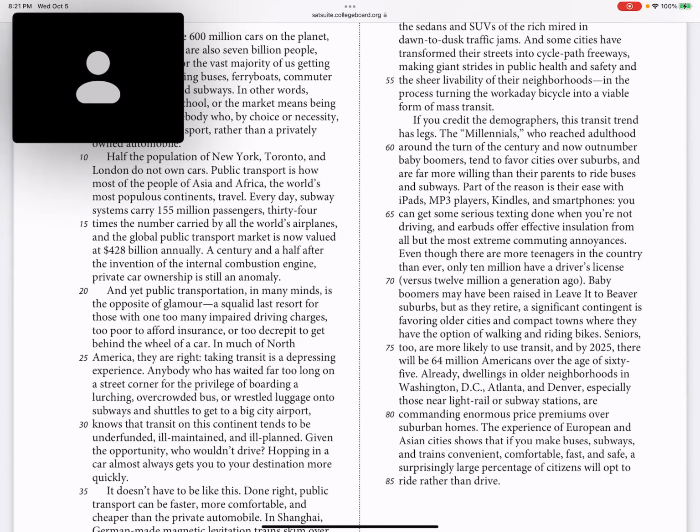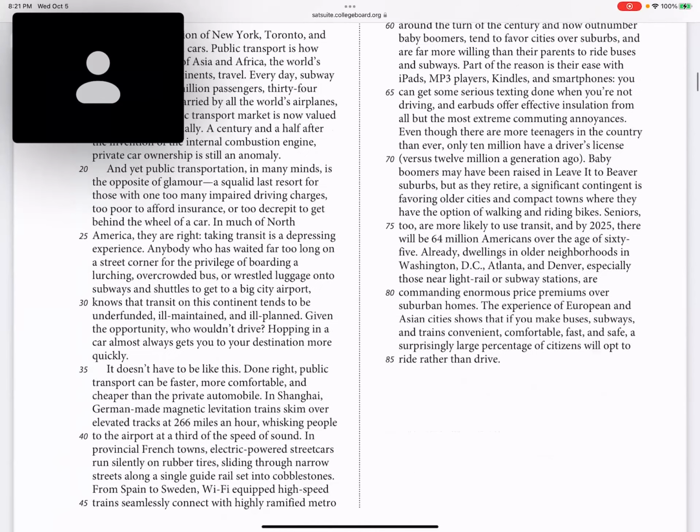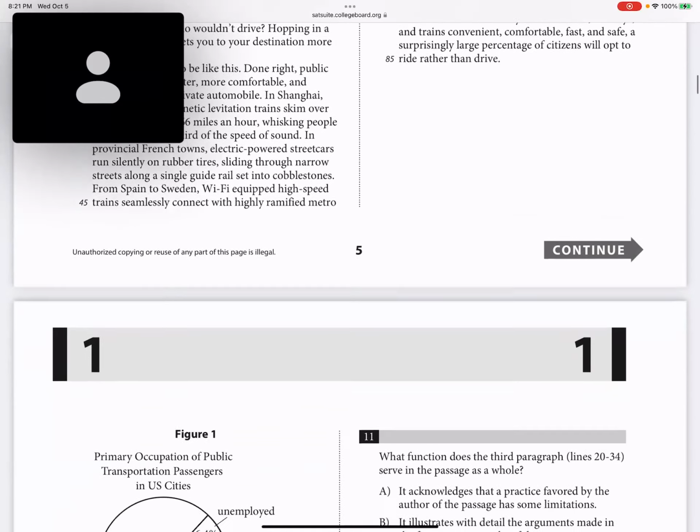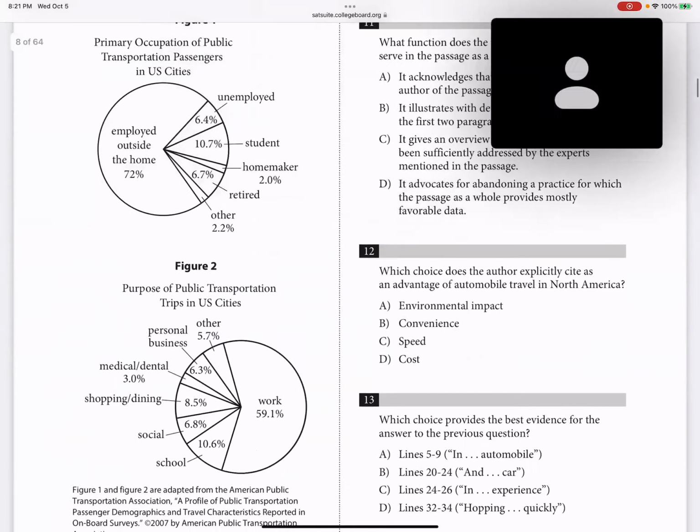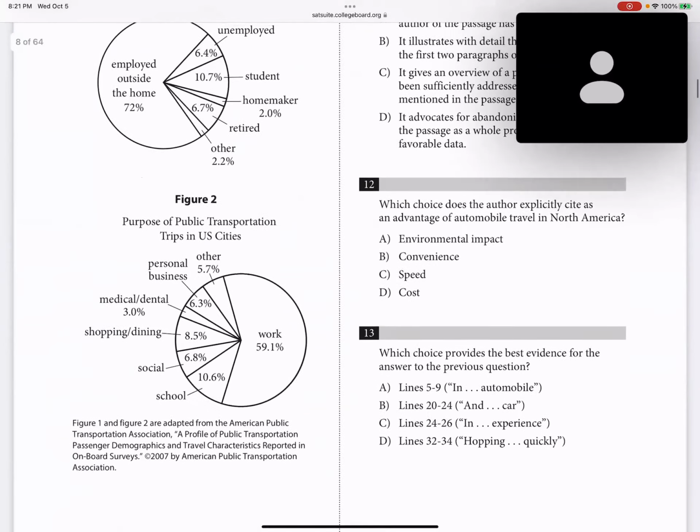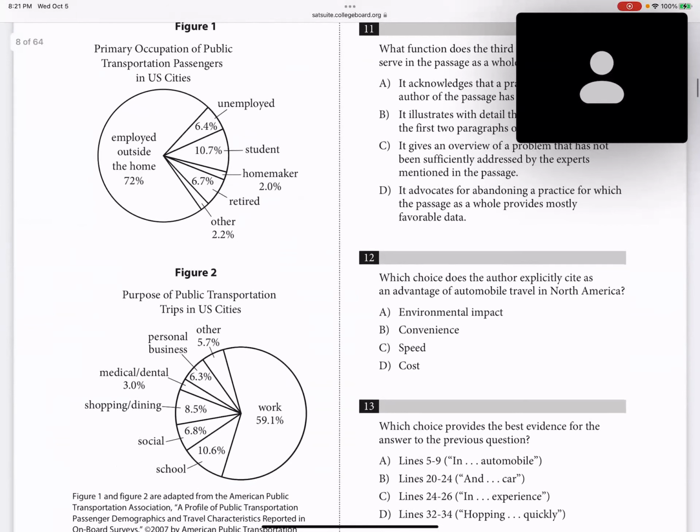Right, now we'll jump to the tables, or let's say the pie charts here. I'll give you a second to look at those, and then we'll jump into the questions.